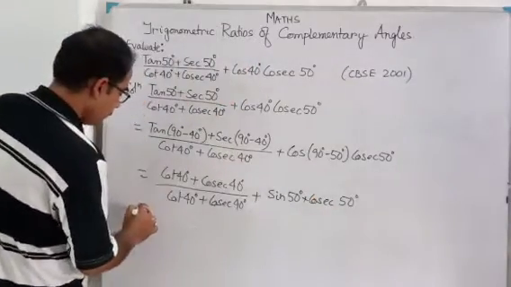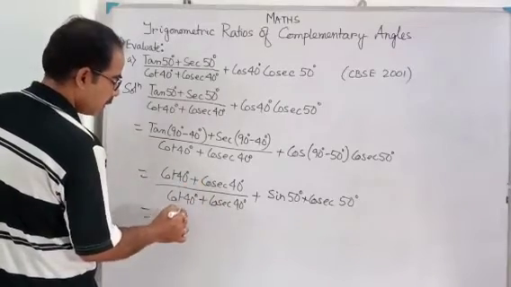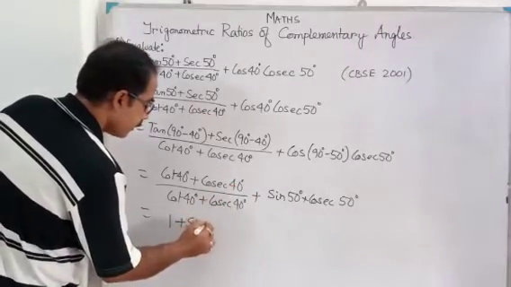Okay, so now look here, numerator and denominator both are the same, so that is 1, it will cancel, plus sin 50 degree, sin 50 degree.